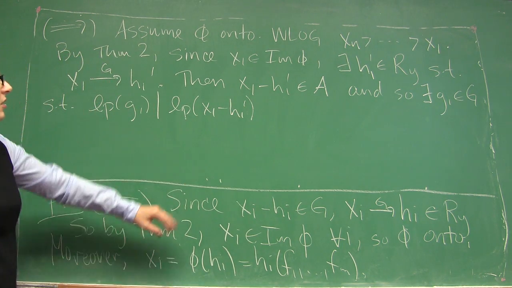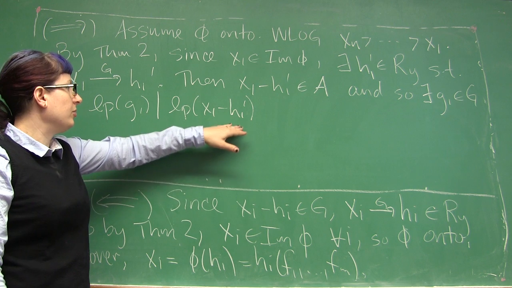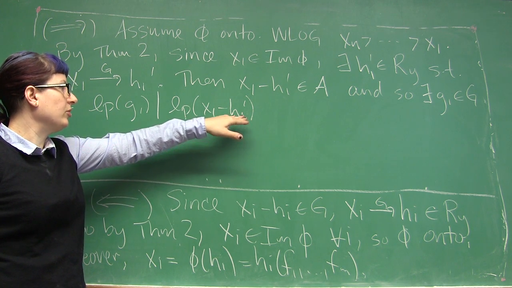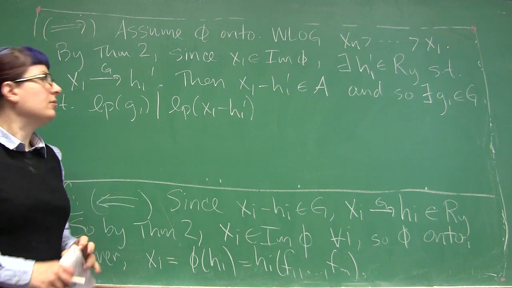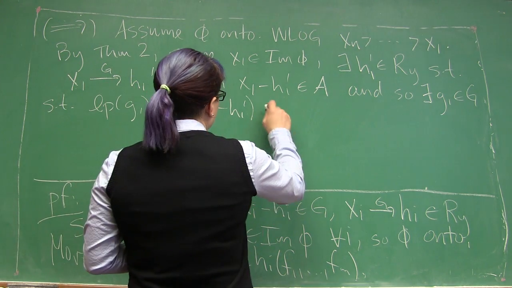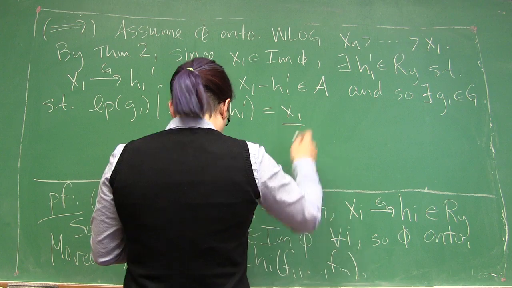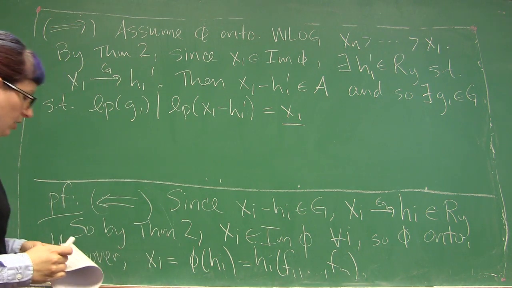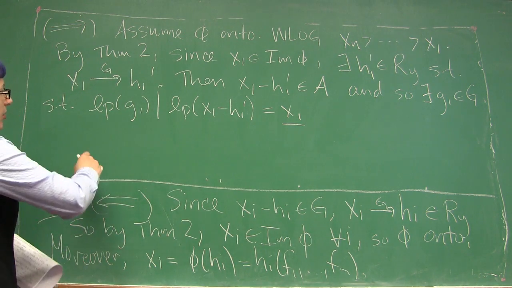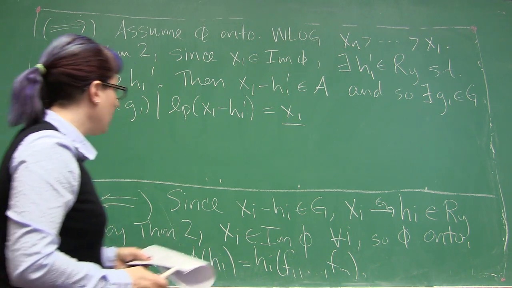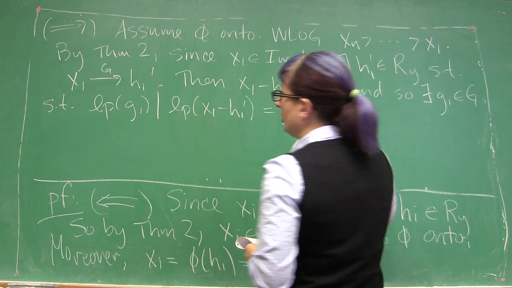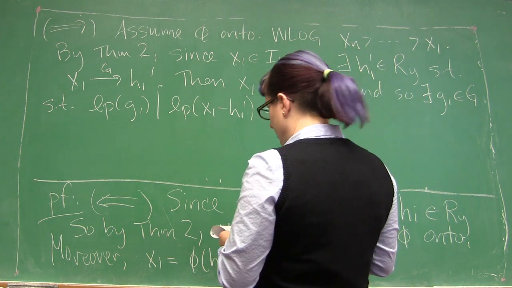However, since the x variables are larger than the y variables, and the h1 prime only has y variables, this has to be x1. So in particular, that means that the leading power product of g1 has to be x1, supposing our map is a non-zero map.